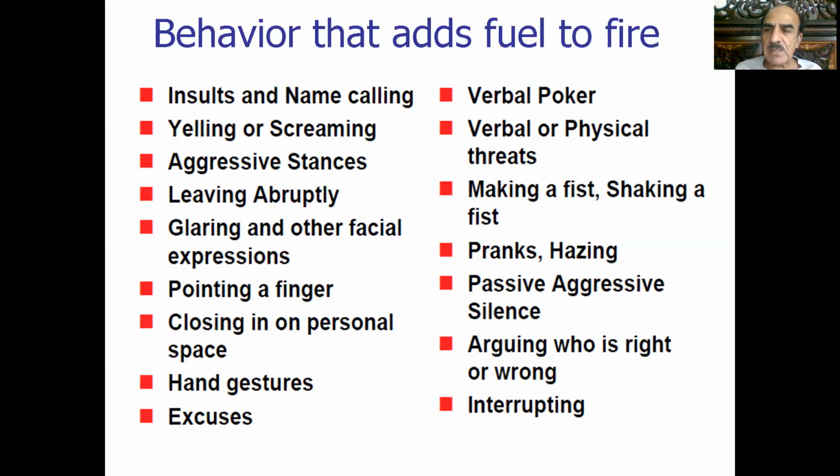When we cannot tolerate people's words, we try to interrupt and poke into their words, and this creates further frustration in the parties.